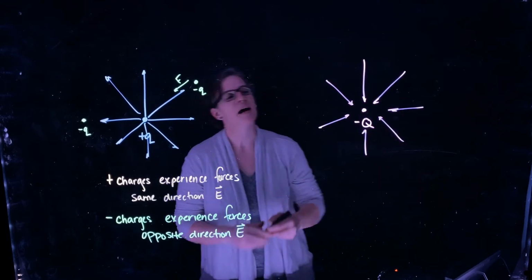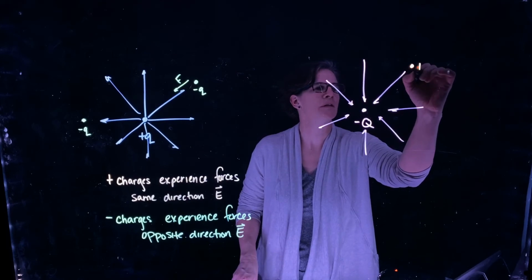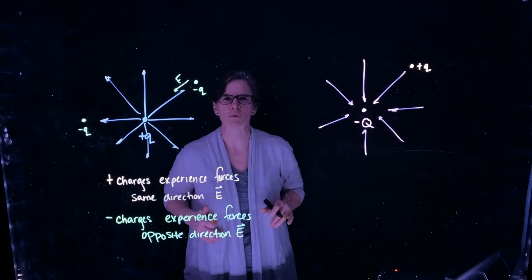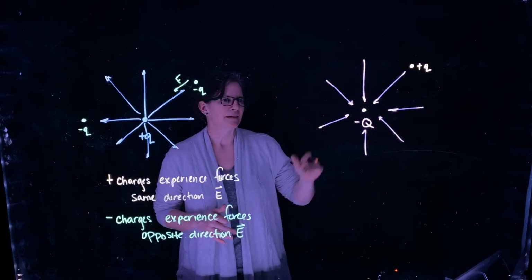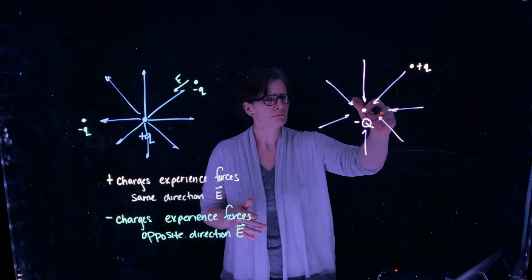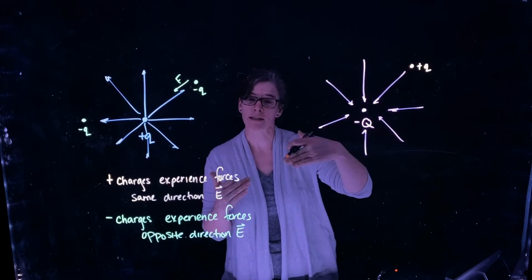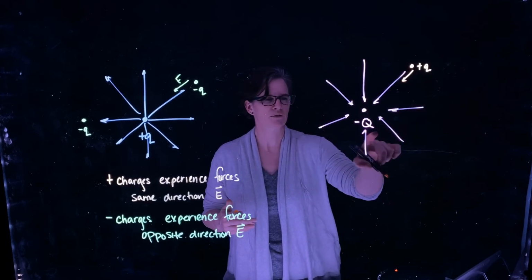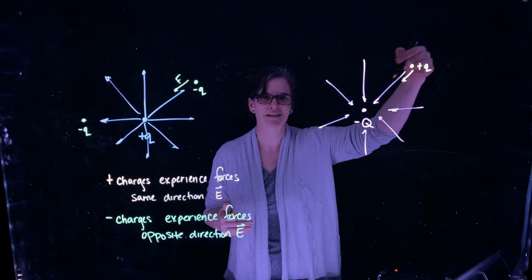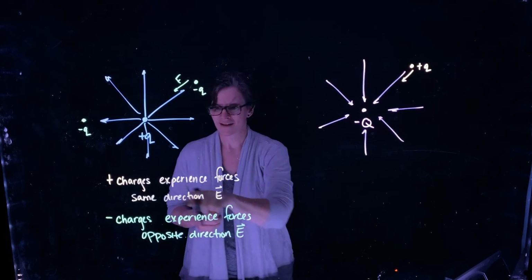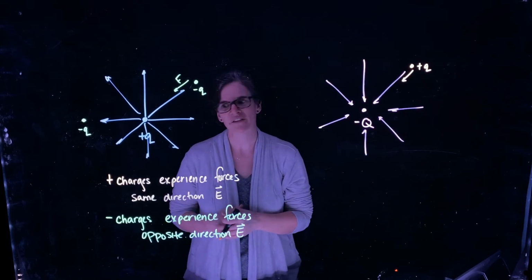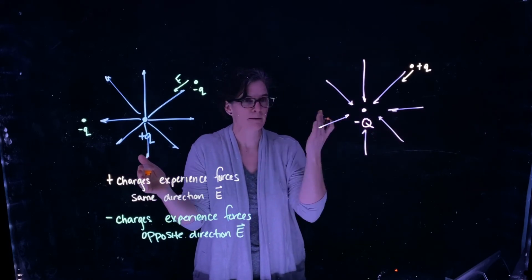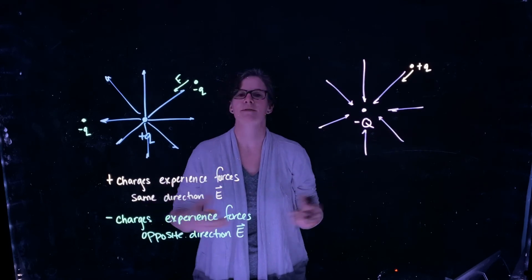If I take a positive charge and put it in the presence of this electric field, again, too small to really influence the field itself, well, a positive charge and a negative charge feel an attractive force along the line that connects them. And so the force that this positive charge feels due to this negative charge is indeed in the radial direction inward, the same direction as the electric field. So for a negative charge influencing the space, a positive charge will also experience the force in the same direction.